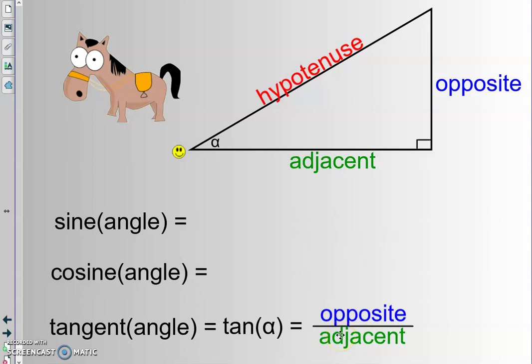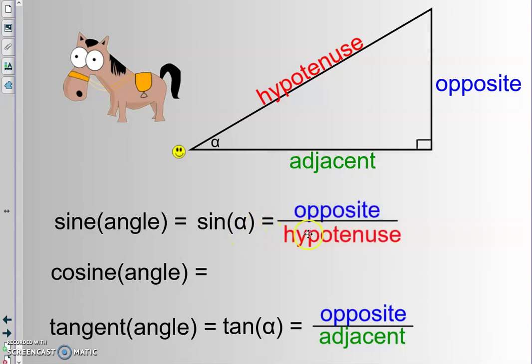Well, now we're going to introduce two other trig functions, and these are sine and cosine. Again, these are trigonometric functions, so they have to attach themselves to an angle. That angle provides a reference as to where you're standing. So the sine of an angle, abbreviated SIN, in this case of alpha, is the ratio of the opposite side to the hypotenuse.